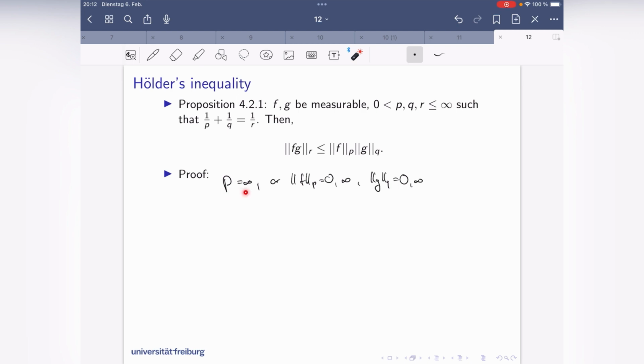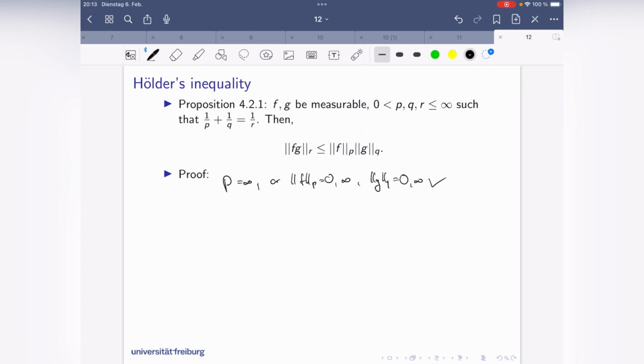And the last thing is, if p equals infinity, then this here is the essential supremum. And you basically know that you can pull out f here, and then you have the inequality also. So we can assume that no case like this here occurs.